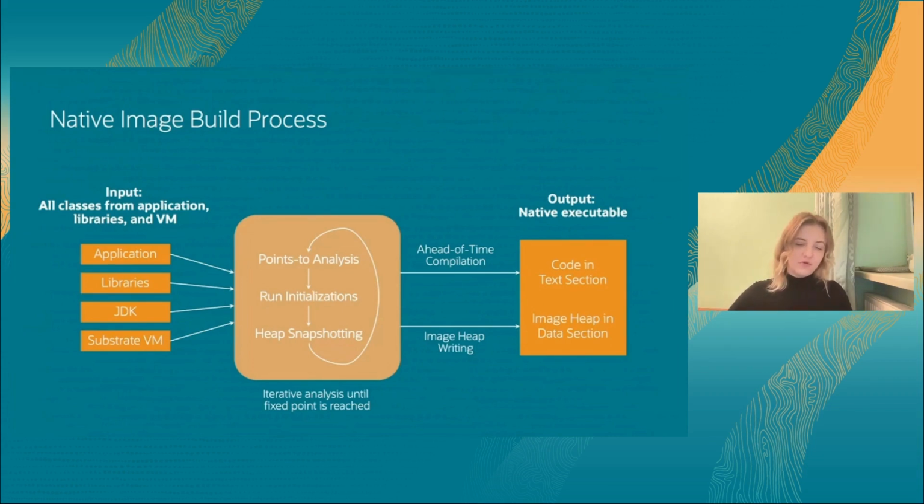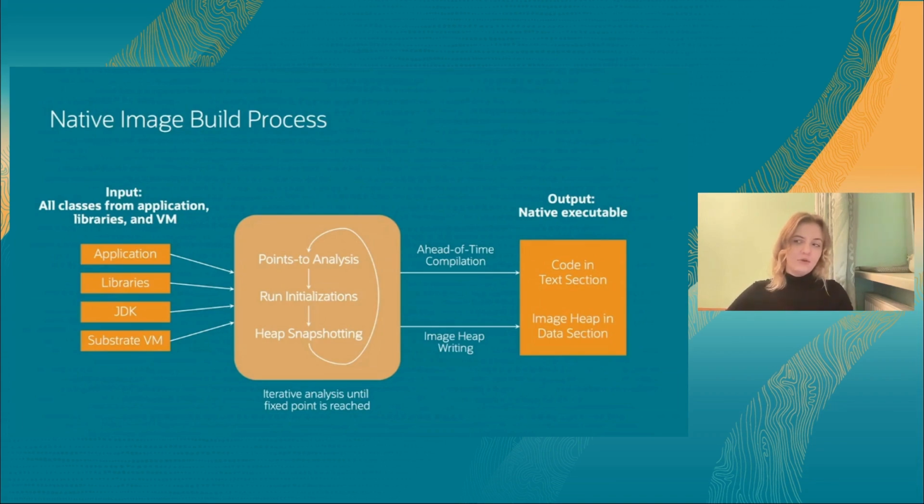Native image would look for all the reachable code, but it will also run initializations. And it will repeat those two things in iterations, finding reachable code and running initializations, until it has all the necessary code and object information available to produce your final compiled ahead of time version of your application.